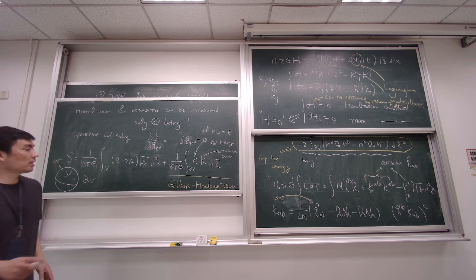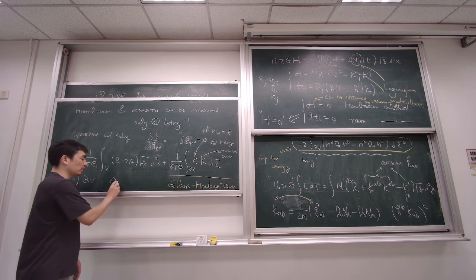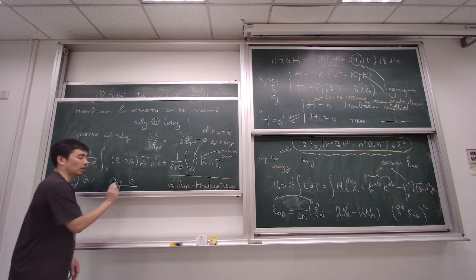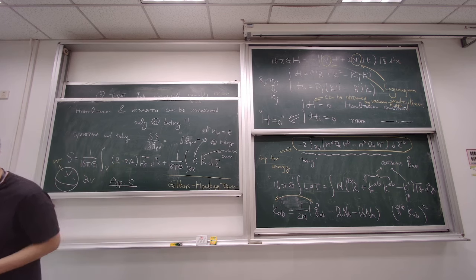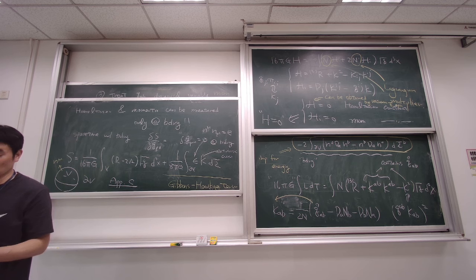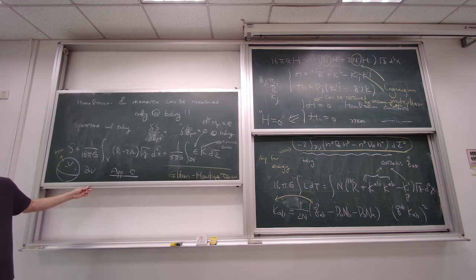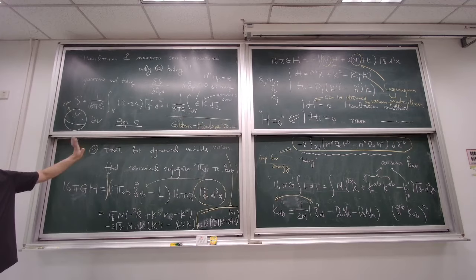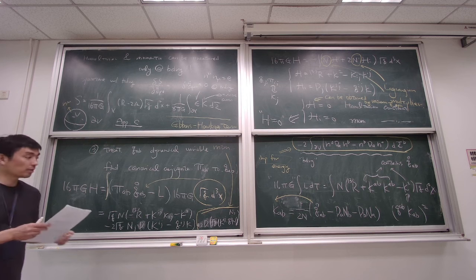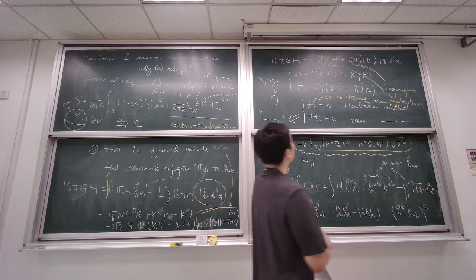The derivation is in appendix C of the lecture notes, so I'm not going to do it. I will accept this and move on, otherwise it's going to be a lengthy calculation that makes it boring. So let's accept this and compute everything including the boundary term.